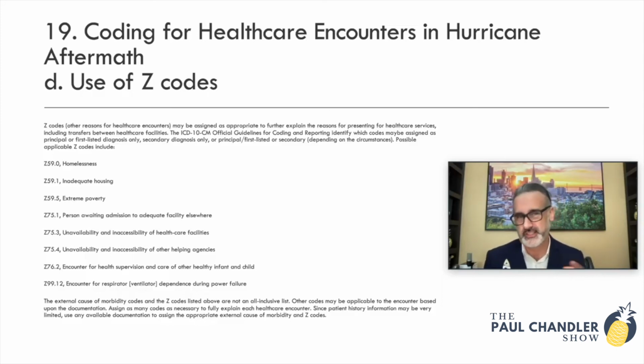So that's one thing. Now in this case, wrapping up the encounters for after a hurricane, during the hurricane aftermath, when we have Z codes that describe the patient, check to see if that applicable Z code is able to be listed as the primary diagnosis.